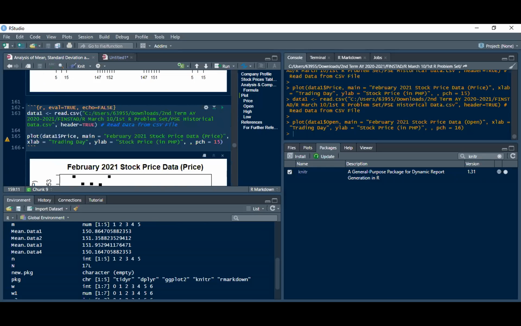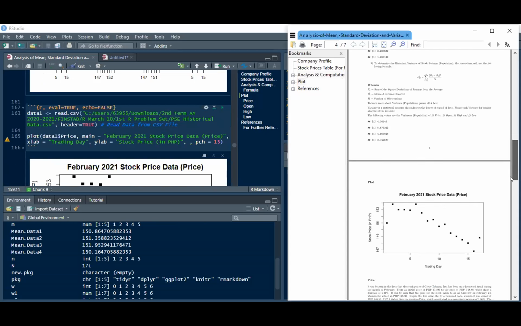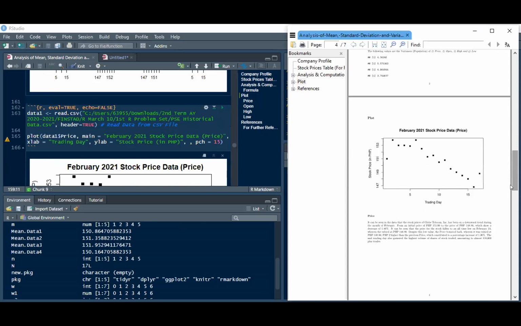Okay, so for the plot, ayun, makikita mo yung ginawa namin, apat. So price, open, high, and low. And basically, they're all similar. So first we assign data 1 to be read by the file.